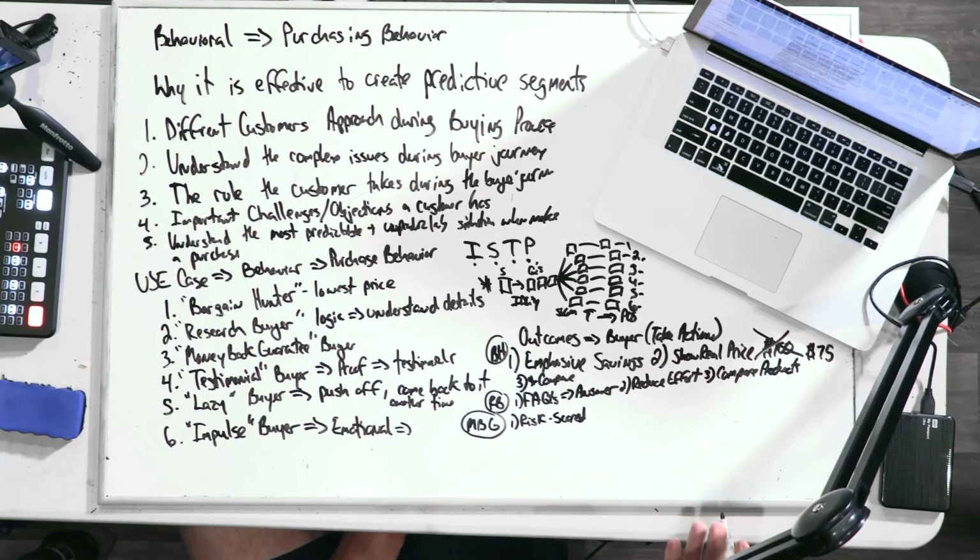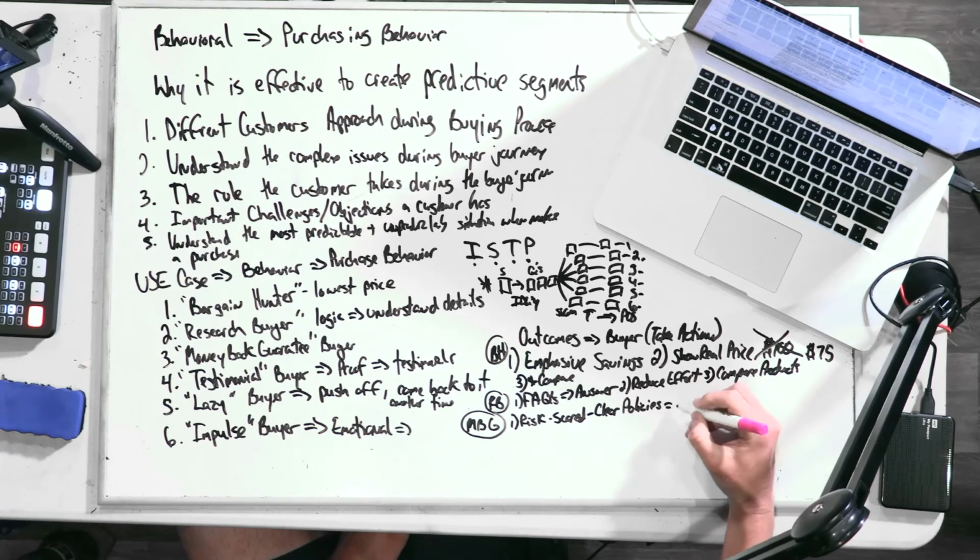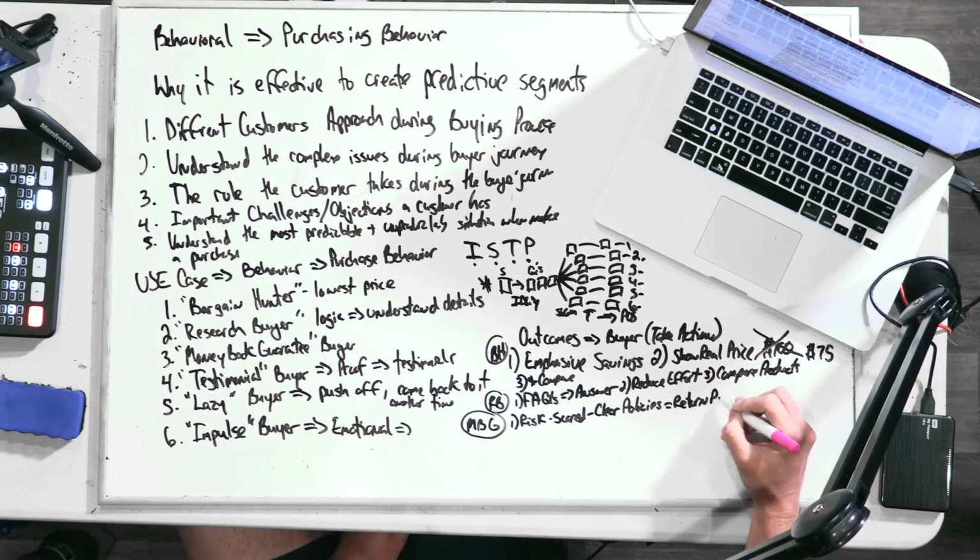You need to make it very, very clear of all your policies. If you have a return policy, you got to make sure they know exactly what that return policy is.